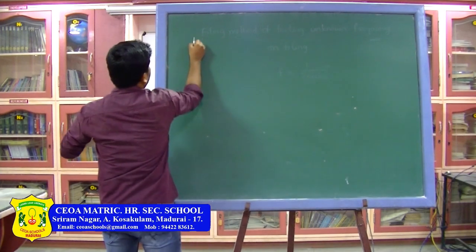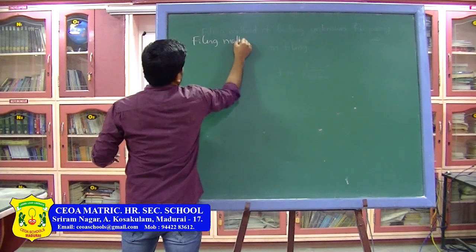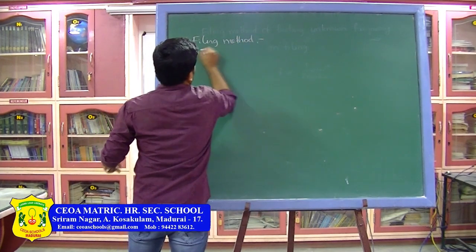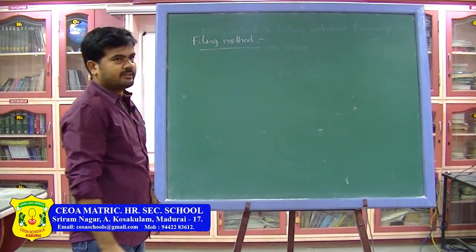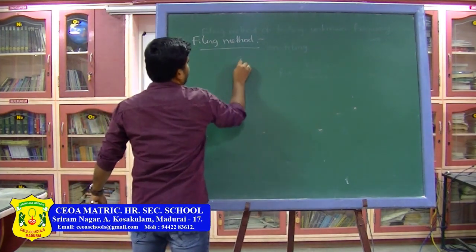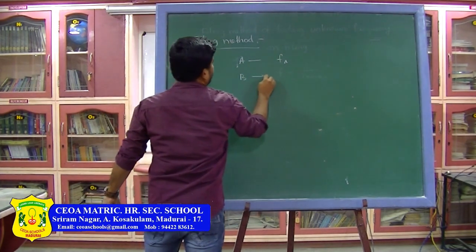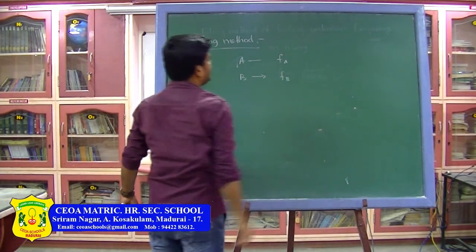There is a filing method to find unknown frequency. Let us consider two tuning forks, say tuning fork A of frequency f_A and tuning fork B of frequency f_B. These are the two tuning forks.